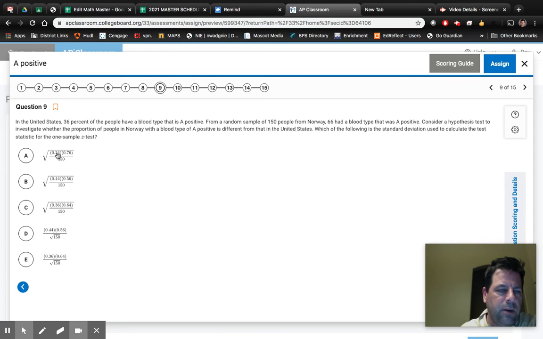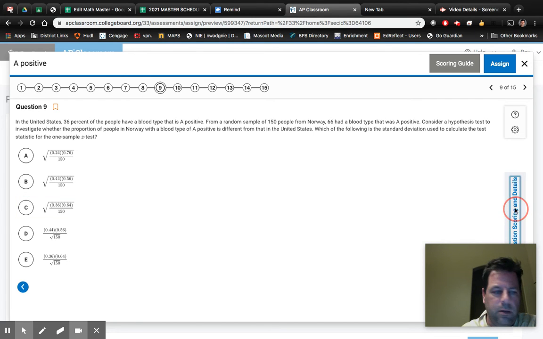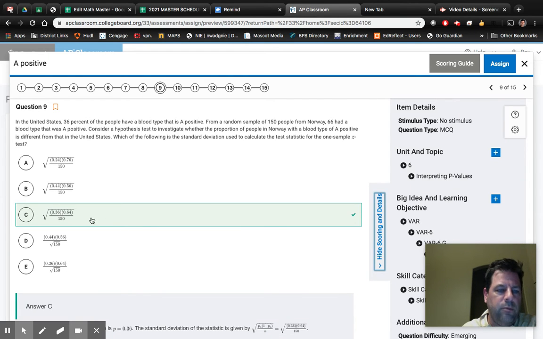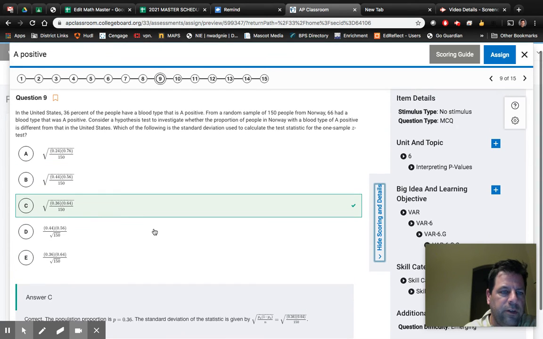I need p right there. 36%. That's what H0 is. H0: p equals 0.36. We think it's different than 0.36. That's got to be it. Yeah, C's right. p equals 0.36 because that's what the United States was. That's what we're comparing Norway to.